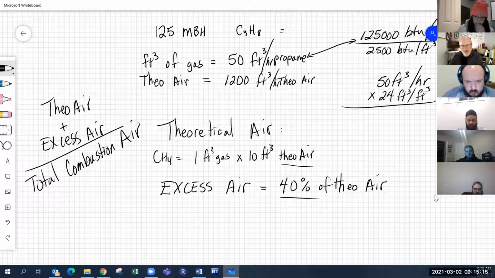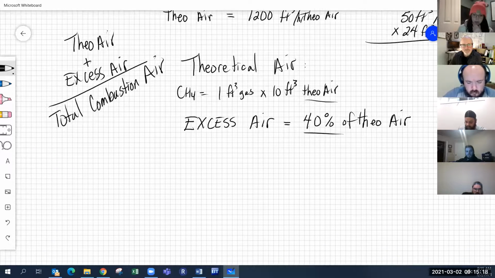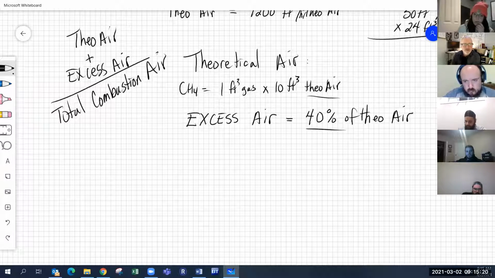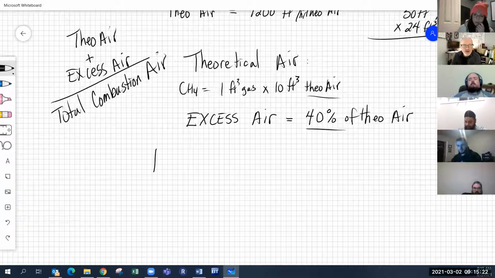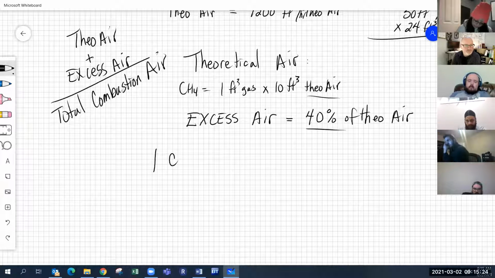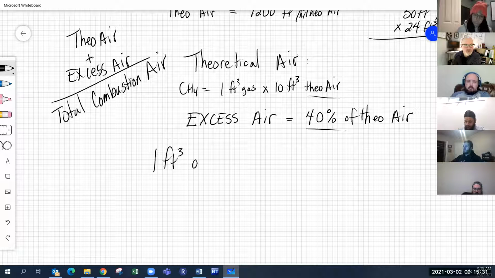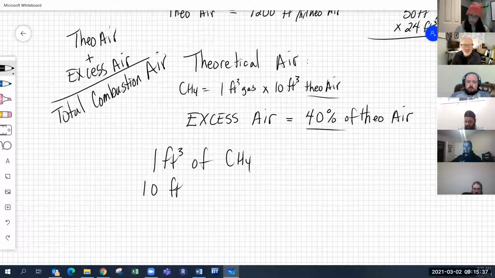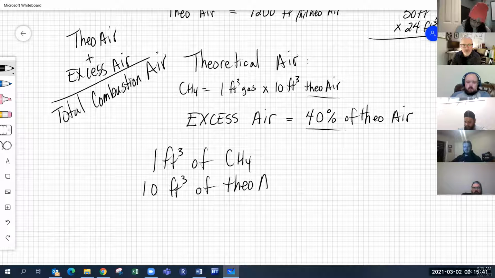So let me do a little bit of math around this. If I had 1 cubic foot of CH4, I will need 10 cubic feet of theo air. And then I need 40% of that.